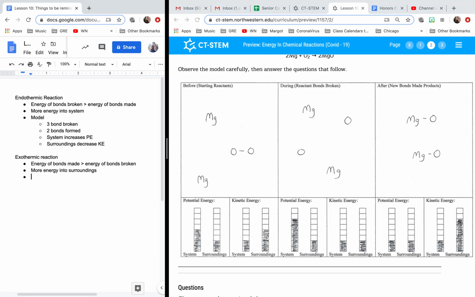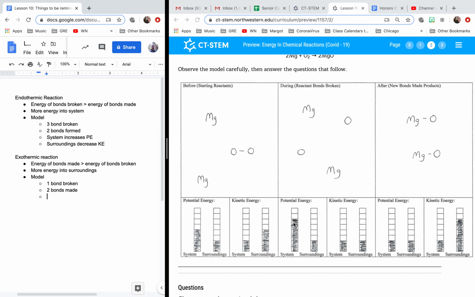So if I go here to the second one, this is an exothermic reaction. Again, breaking down this model, in the first one I have this bond breaking, and that's it. So just 1 bond broken. And then over here, I have this bond being made and this bond being made, so 2 bonds made. Looking at my energy transfer, this kinetic energy in the surroundings transfers into potential energy of the system.